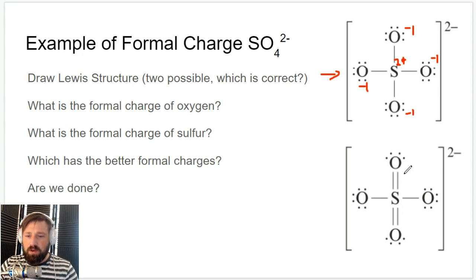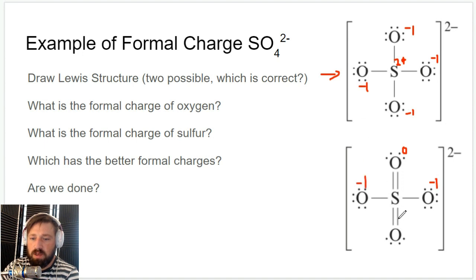So let's try this other one, where now we can start looking at these formal charges down here. In this case, for this oxygen, we have 1, 2, 3, 4, 5, 6: 4 from the lone pairs, and then 1, 2 from the half of the electrons in the bonds. So 6 and 6, so this guy has a formal charge of 0. Great. This guy looks like it's the same thing as above, -1.